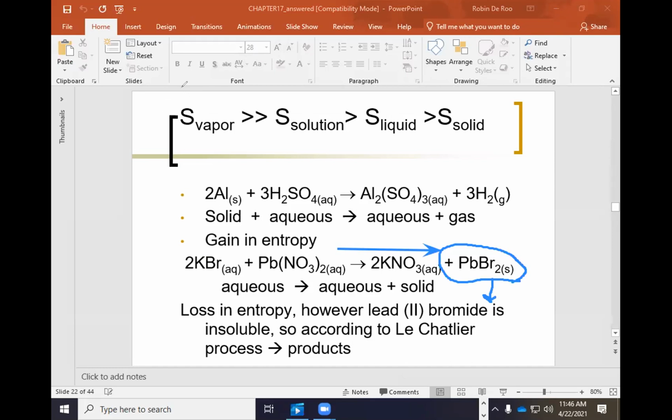You're probably going to want to memorize the entropy of the vapor is greater than the entropy of the solution, is greater than the entropy of the liquid, is greater than the entropy of the solid. Does anyone need more time on this? I don't know if you guys are taking screenshots or what you're doing.